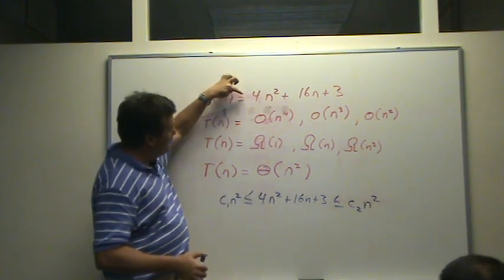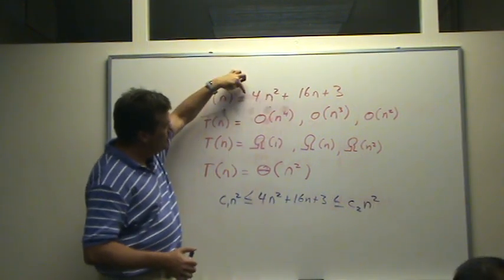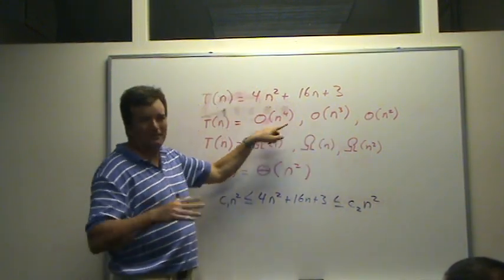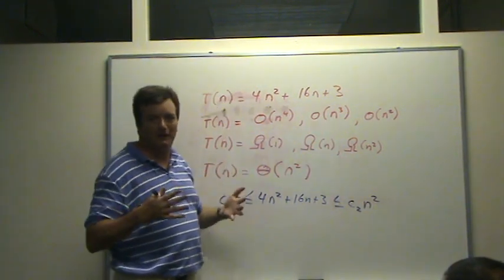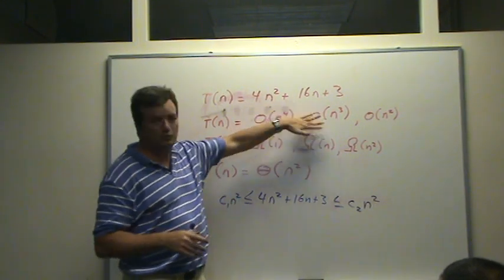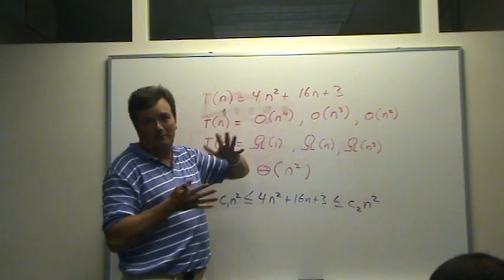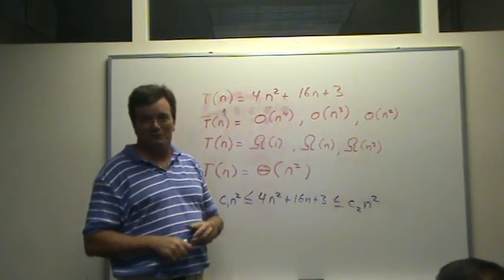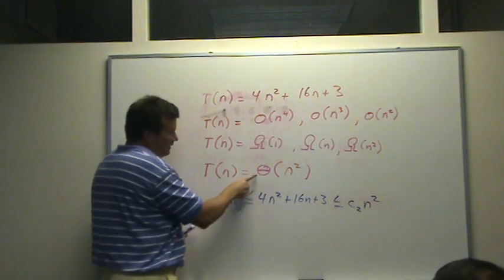So if we had an algorithm that ran like this, we don't want to make the statement, well, it's big O of n to the 4th. That sounds like a really time-consuming algorithm. We would like to be able to say it's big O of n squared. That kind of makes it seem more efficient. So that's as low as we can go and still be telling the truth. So really, we're kind of looking for this one.